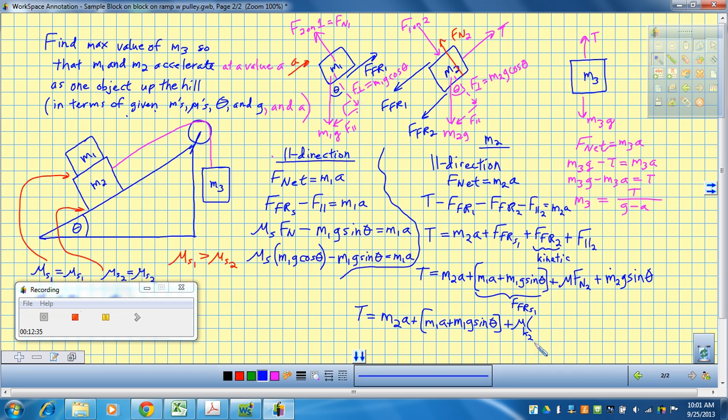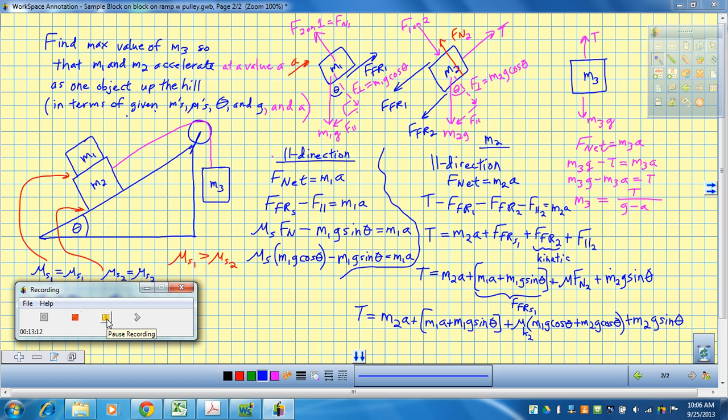Mu kinetic 2 times m1g cosine theta plus m2g cosine theta. That's that normal force, plus m2g sine theta. Okay? That whole expression, that whole ugly thing, that's the tension that you're going to have. And then you're just going to take that tension, plug it in here, and that solves for how big that M3 needs to be. Okay.